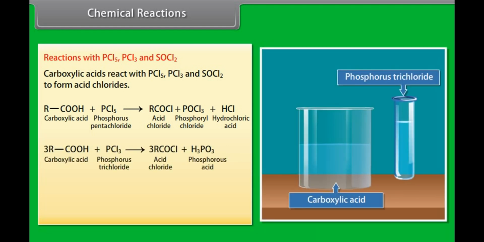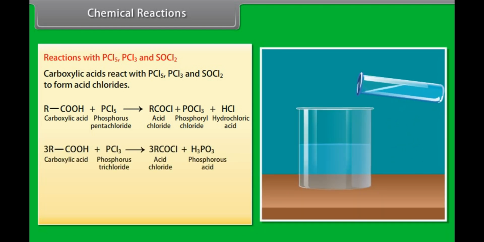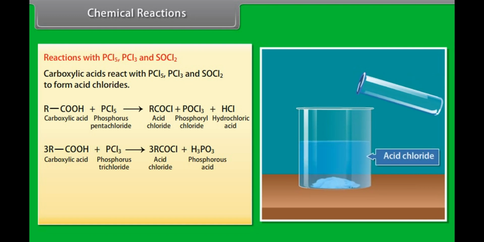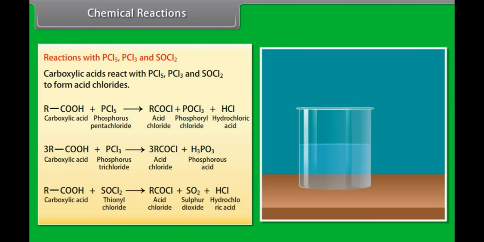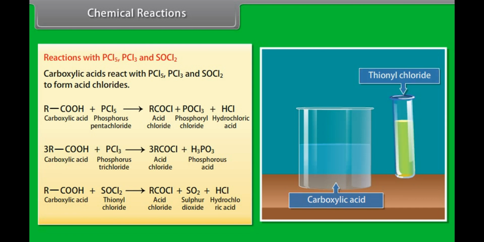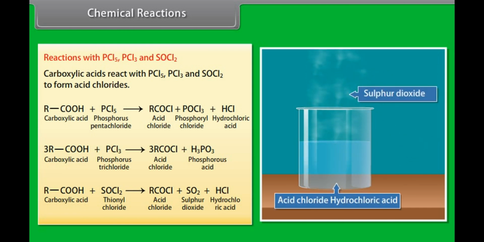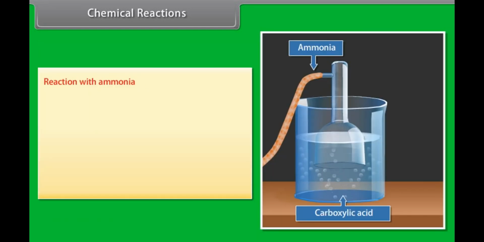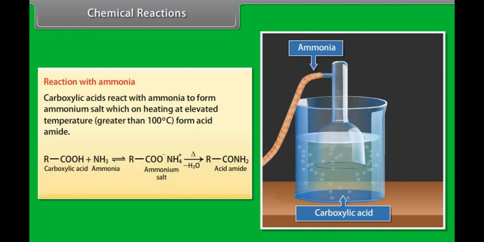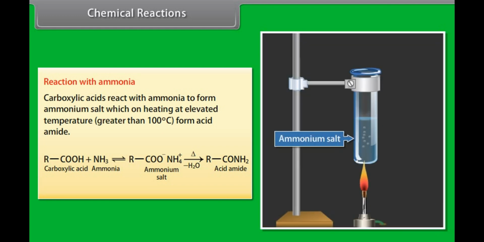Carboxylic acid reacts with phosphorus trichloride to form acid chlorides and phosphorous acid. Carboxylic acid reacts with thionyl chloride to form acid chlorides, sulfur dioxide and hydrochloric acid. Reaction with ammonia. Carboxylic acids react with ammonia to form ammonium salt, which on heating at elevated temperature, that is greater than 100 degrees Celsius, forms acid amide.